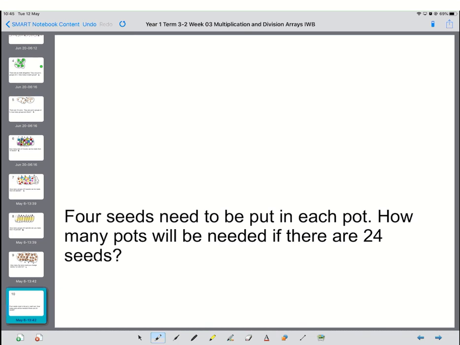So here we go. I'm going to do it a bit more neatly than perhaps some of the other questions. That's one group of 4, 2 groups of 4. 3 groups of 4, 4 groups of 4.